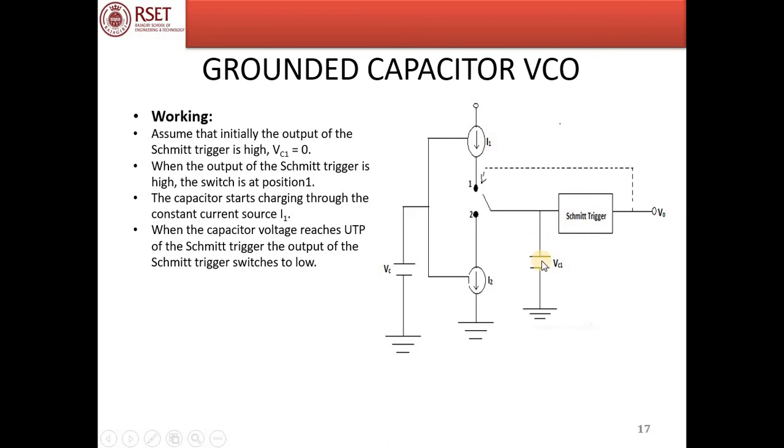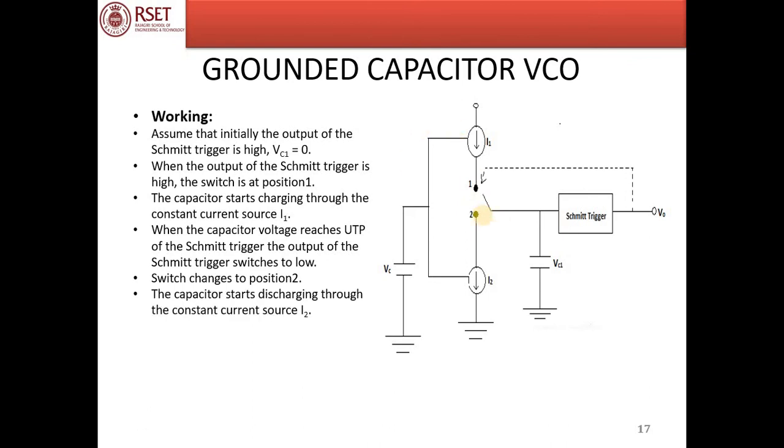So the capacitor keeps on charging through the constant current source I1. At a point, the voltage across the capacitor reaches UTP and the Schmitt trigger output switches to low. When the Schmitt trigger output switches to low, what happens? The switch shifts to position 2.